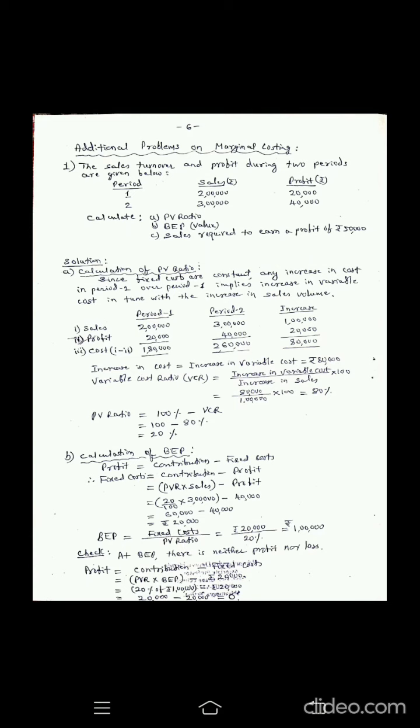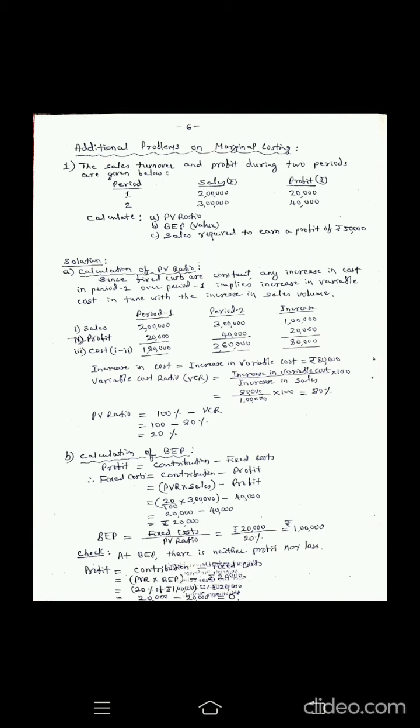Now, another calculation is break-even point in terms of value. We know that profit is the difference between contribution and fixed cost. So, profit is equal to contribution minus fixed costs. But fixed costs are not given.